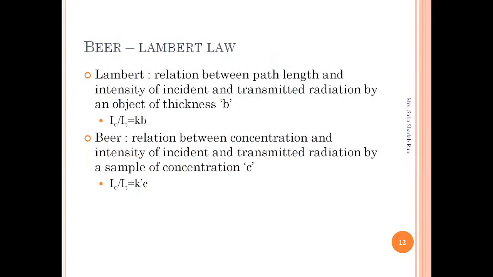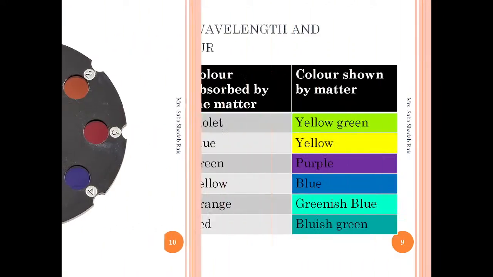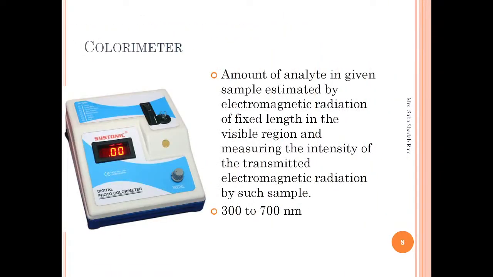We'll just take a quick review of this colorimeter. We have seen that the colorimeter is used to find out the amount of analyte, and the principle of the colorimeter is based on the Beer and Lambert law.